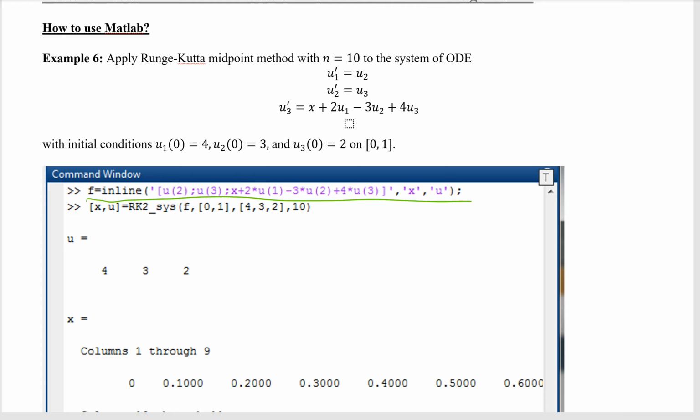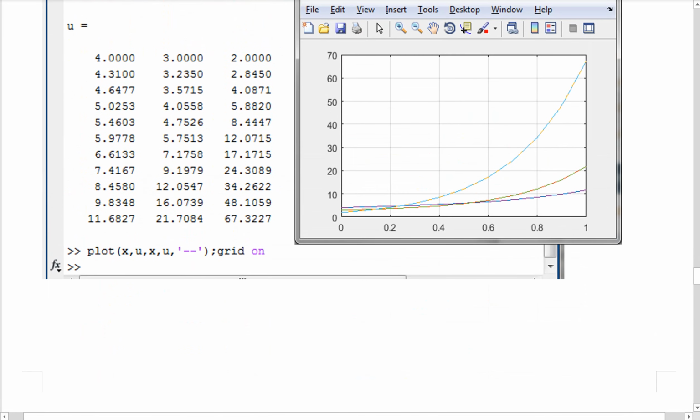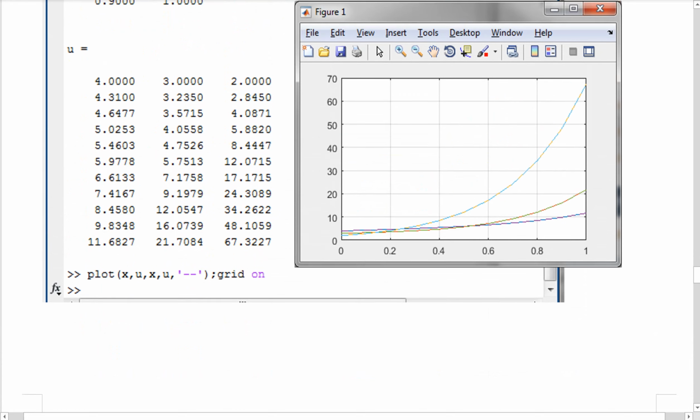How we type the vector value function is the same as before. The syntax is RK2 sys. Then you can see this is our initial condition 4, 3, 2, and then you can see 10 points. Here are the 10 points, and we can also plot the graph.